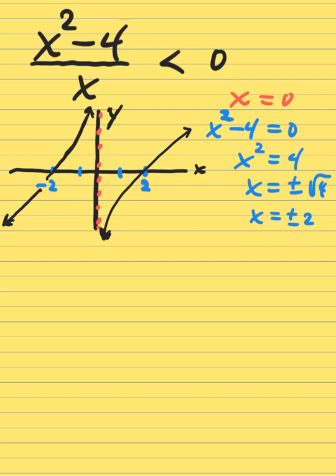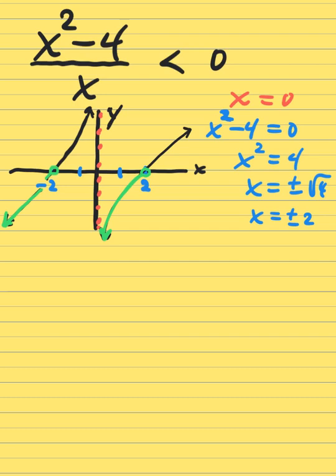Okay, now our original problem has a less than 0, not including any x-intercepts. So that part's less than 0. This part is also less than 0.